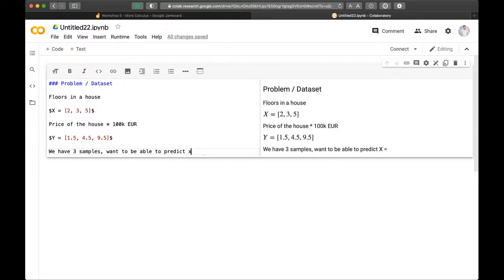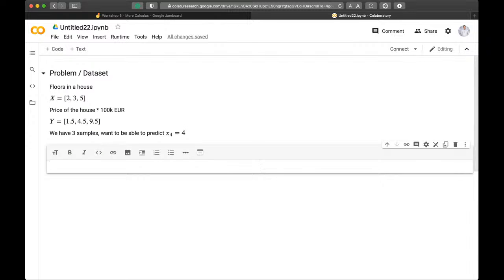So what would be the price if x would be 4 floors, for example? That's what we want to predict. So we need to train a model that can do this, or predict for any other number of floors. So this is our relationship.